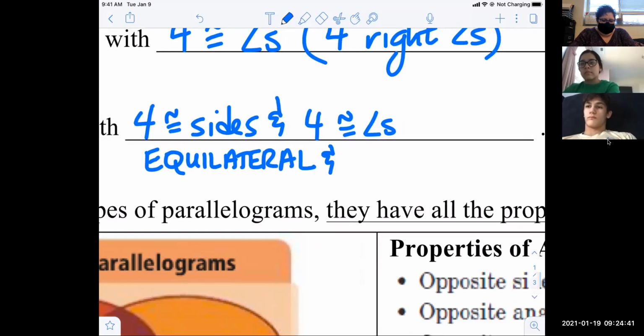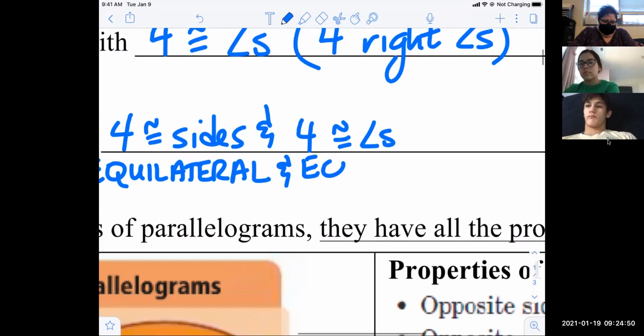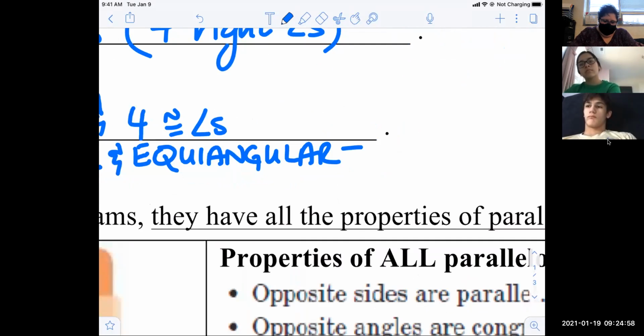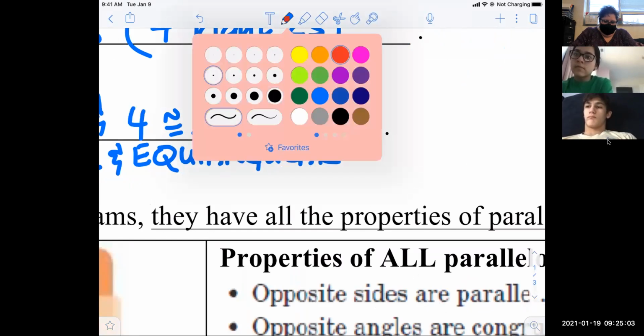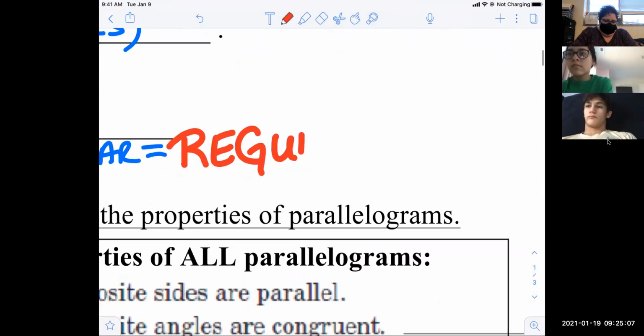It's what? Because it has 4 congruent angles. What's that word? Maya. Equiangular. So what do you call it if it's equilateral and equiangular? What was that special name? Joey? Regular. A square is the only regular quadrilateral.